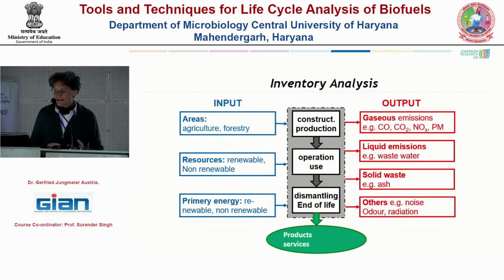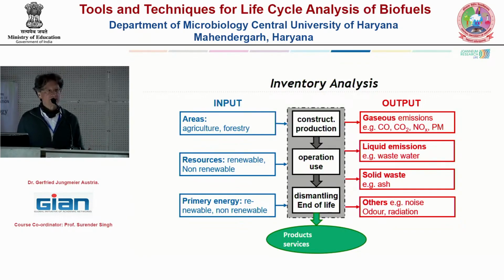Secondly, also the different resources, the different materials you need, the concrete, the steel, and all that is also something you can count on and quantify, and also the primary energy. So how much energy you need to run the system, to build the system, and to dismantle the system.